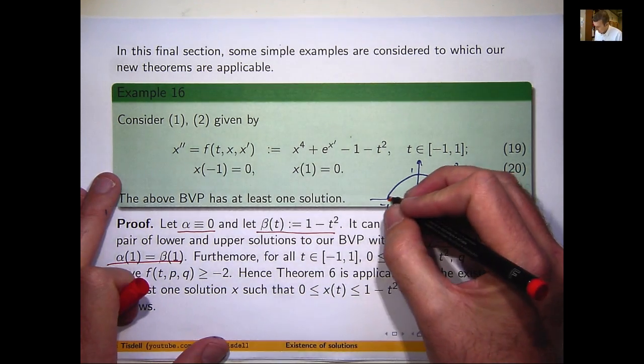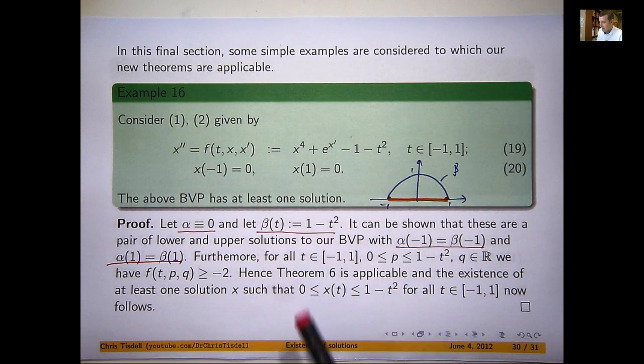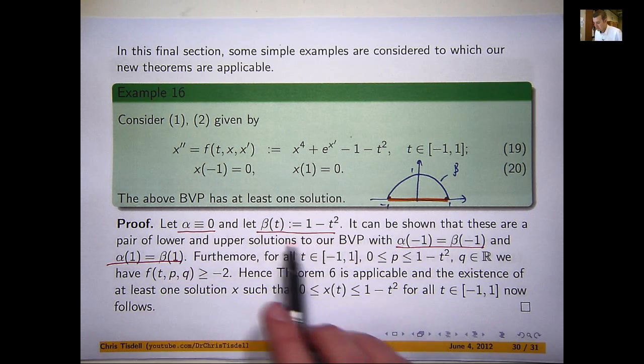You can show that alpha and beta satisfy the differential inequalities necessary to be an upper and a lower solution. So alpha is the lower solution, beta is the upper solution.